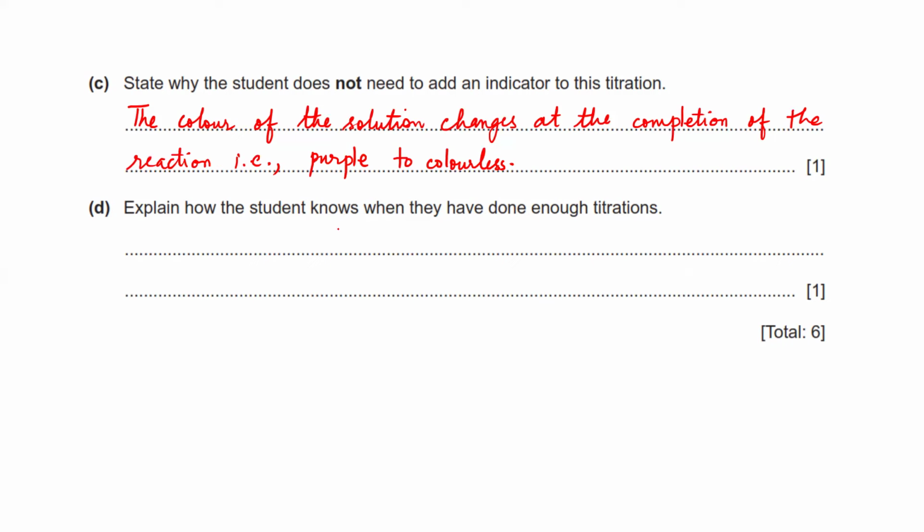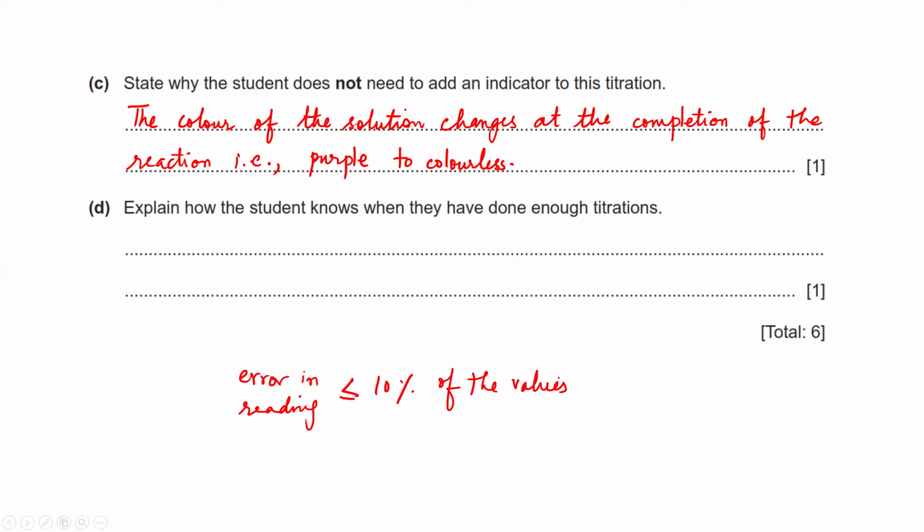Then part D, it says explain how the student knows when they have done enough titrations. So a good answer would be, if you are doing the titrations, the error in readings should be less than or equal to 10% of the values.